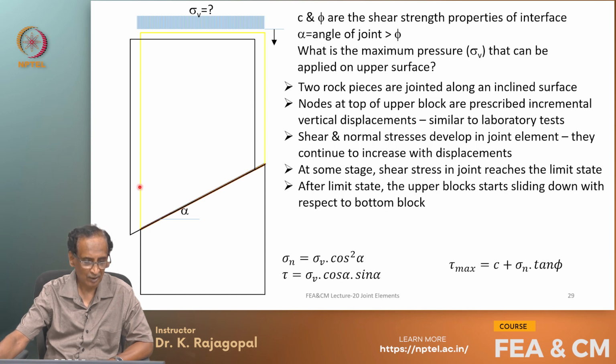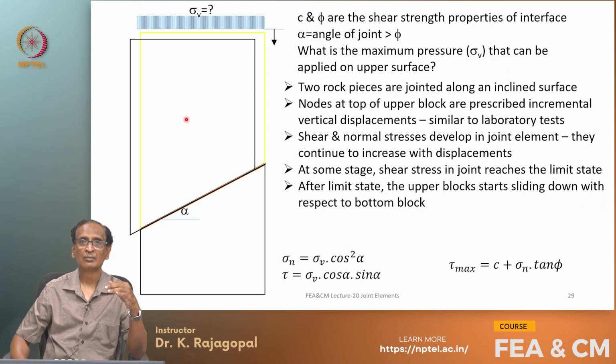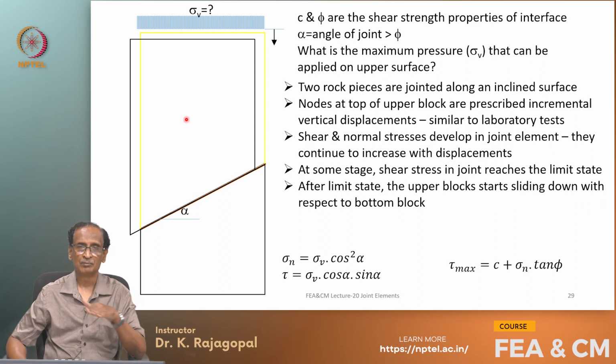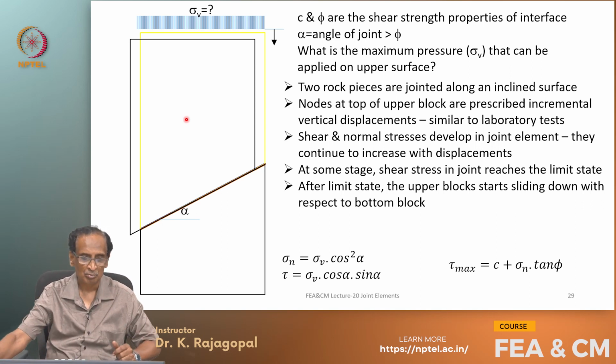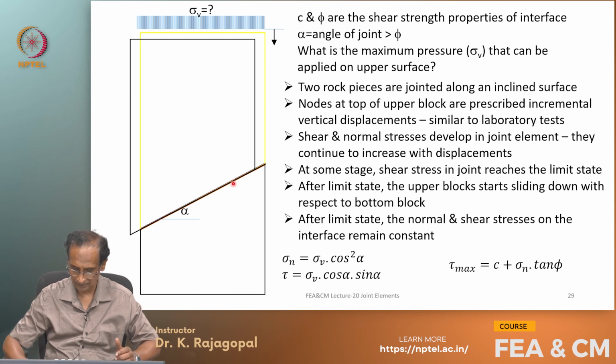In fact, this is what you see here. After some deformation, the shear strength of the joint is reached, and then the upper block will just simply slide. And so after the failure or the limit state, the normal and shear stresses on the interface will remain constant.